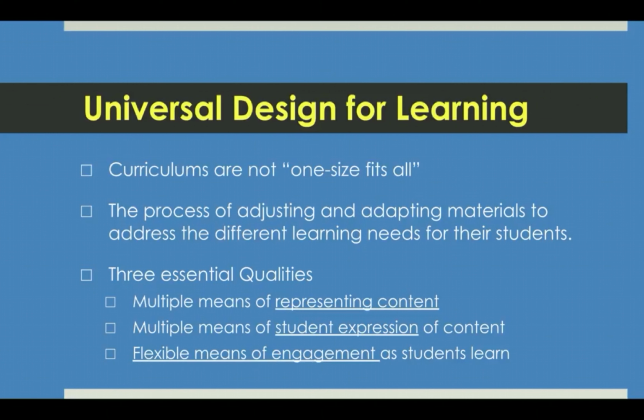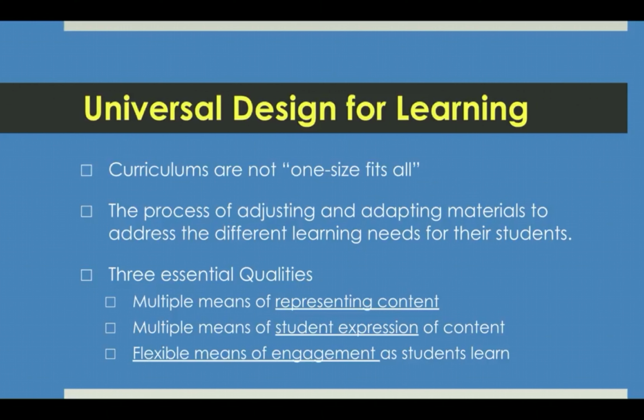So this means that you will have multiple means of representing the content. So the way you present it to them might be varied. So for some students, if you provide an example on the whiteboard for your class, maybe you also give learners who need it their own hard copy to see in front of them.